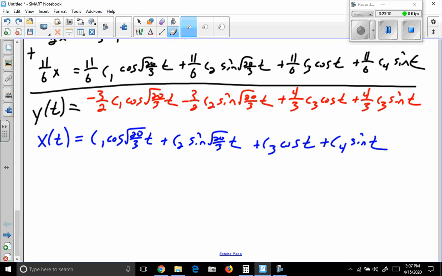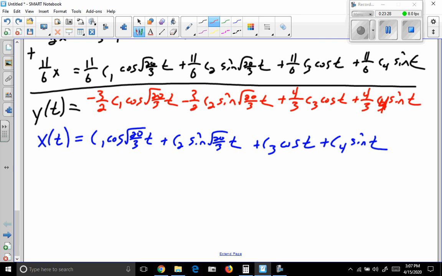So there are our solutions. We just don't have C1 through C4 yet. And this one is supposed to be a C4 here. So we have to have initial values in order to get C1 through C4. And we'll come back to that in a minute.